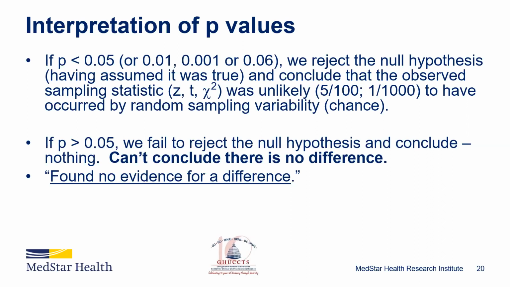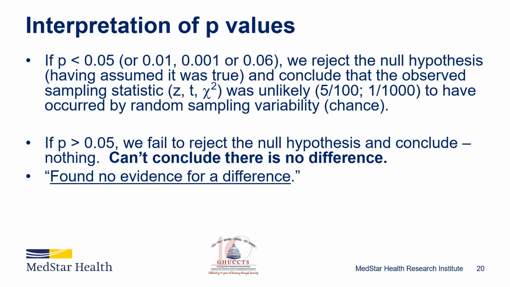The other important thing I want to point out here is if our p-value is greater than our preset alpha error level, say greater than 0.05, then we fail to reject the null hypothesis. And often when people get this, they say there is no difference between the 2 groups or 3 groups or however many groups we're comparing. Well, that's not a conclusion you can make. The best you can say is that we found no evidence for a difference.